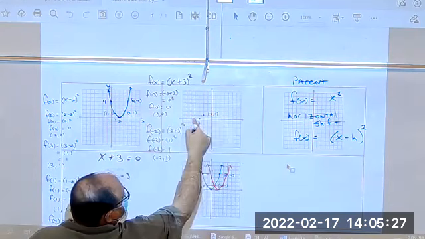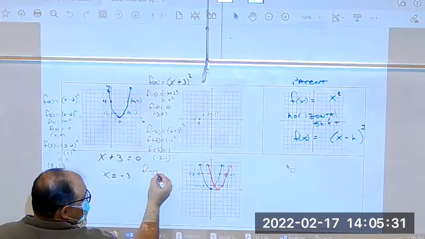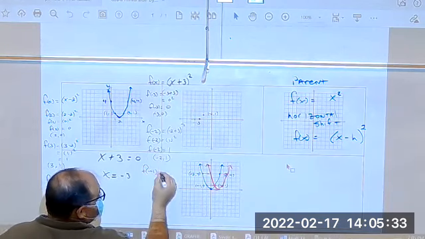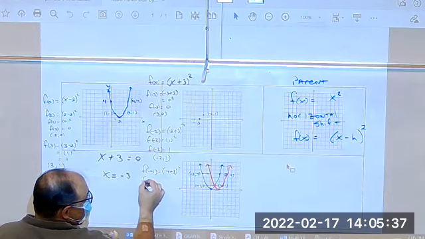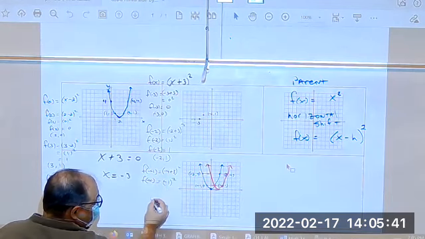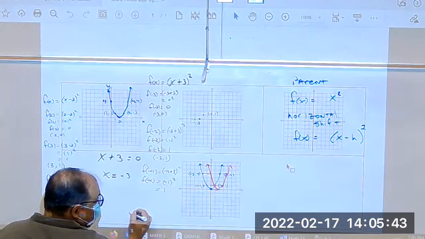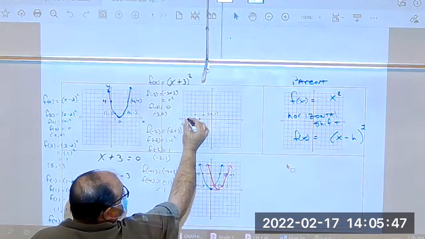If I plug in -4, -4 plus 3 is -1, and then square it, and there's +1 again. At -4, we get +1.